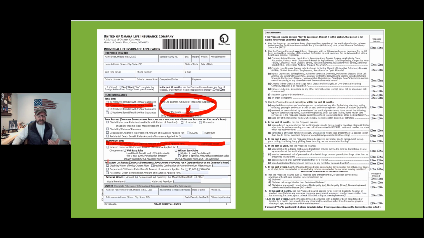But when you look at the new application for permanent life insurance, you're going to select the Index Universal Life and the face amount, and then you're either going to select doing the easy solve, or if you're doing something like a full illustration where you're showing the client and they elect that they want to overfund it to be able to get that cash accumulation, maybe to use it for retirement, or maybe they want cash to be able to pay their house off early, or be able to make tax-free withdrawals later, then you would want to select without easy solve.